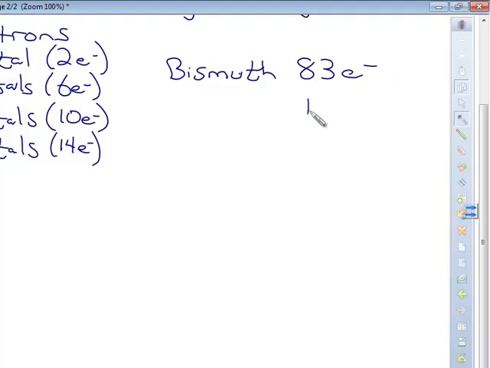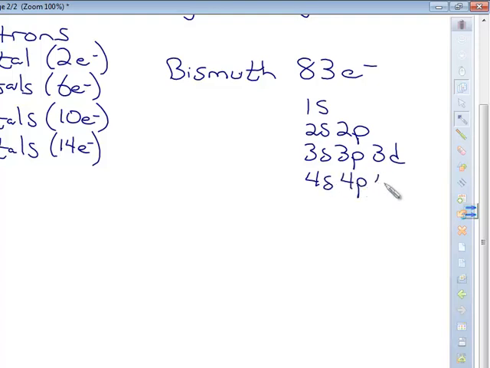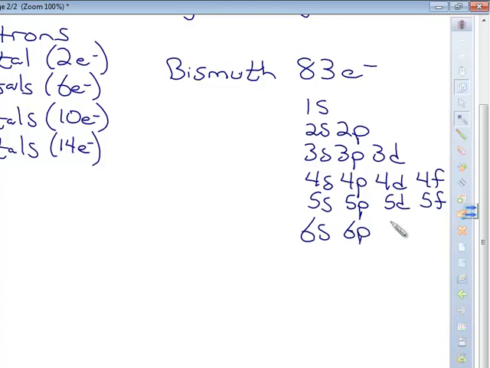Now again, this is going to use that mnemonic that we came up with: 3s, 3p, 3d, 4s, 4p, 4d, 4f, and again, we're only going to have 4 sublevels after that. So 6s, 6p, 6d, 6f, and I think that might be able to get me far enough along.